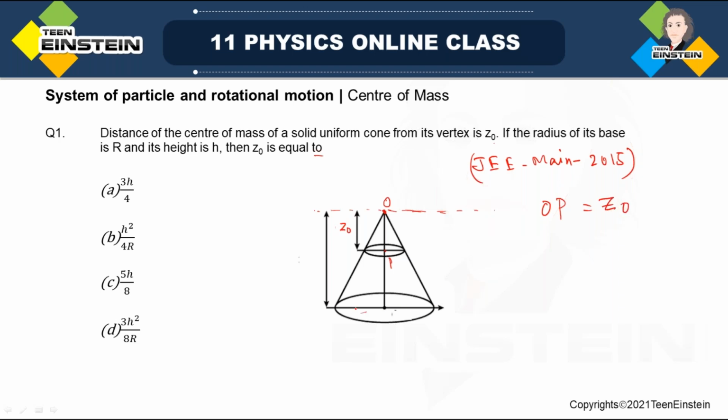What else is given? The radius of the base of the cone is given as capital R. Then you have to find what z0, or OP distance, is.